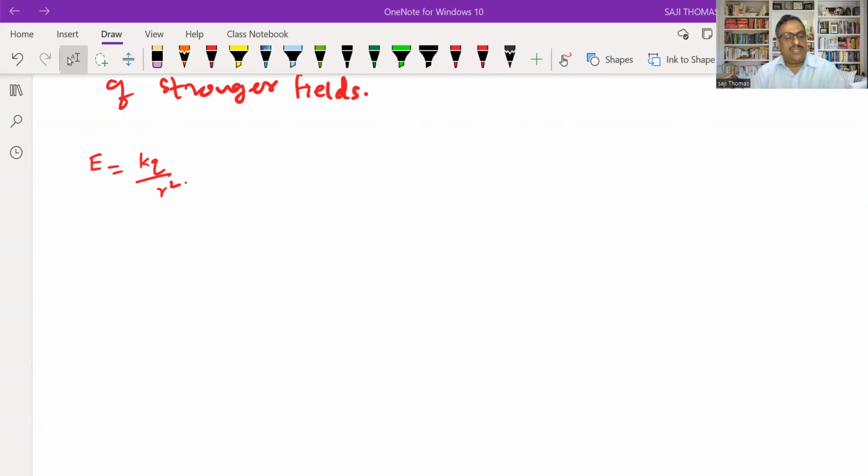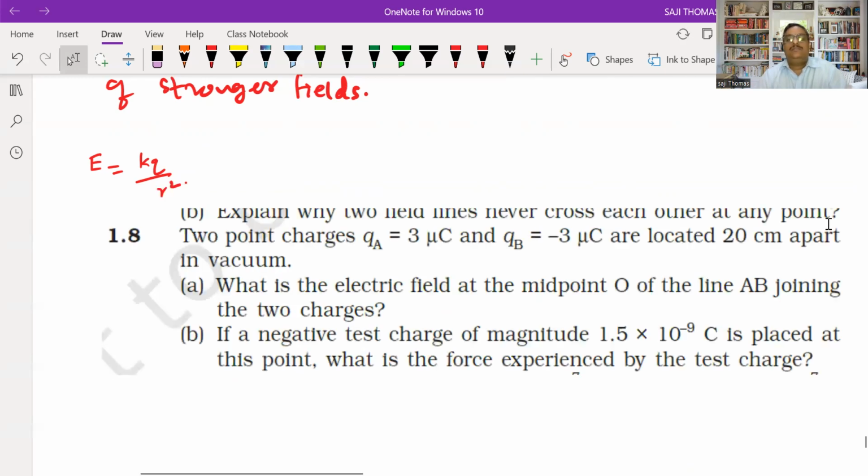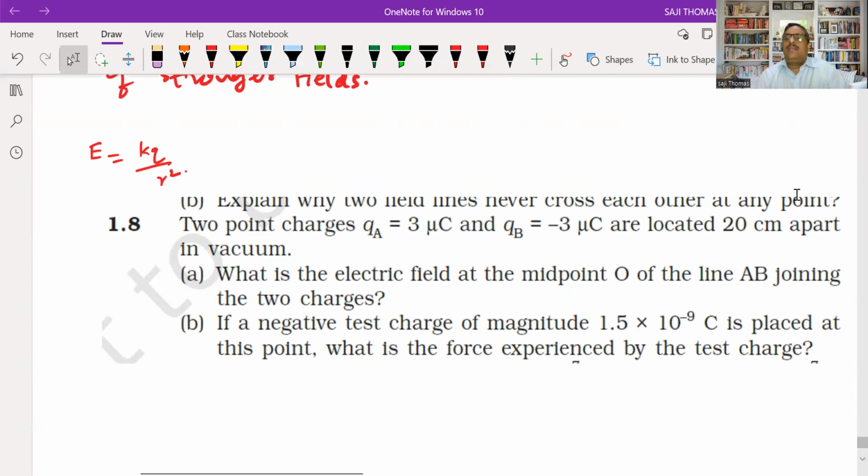So we will do one question, question number 1.8 from the textbook. Properties of electric field lines: I told you why two lines of force never intersect.